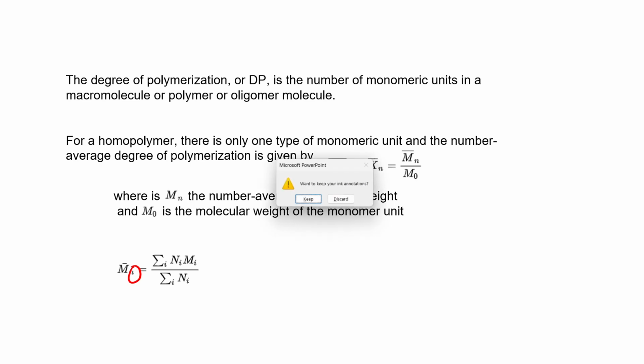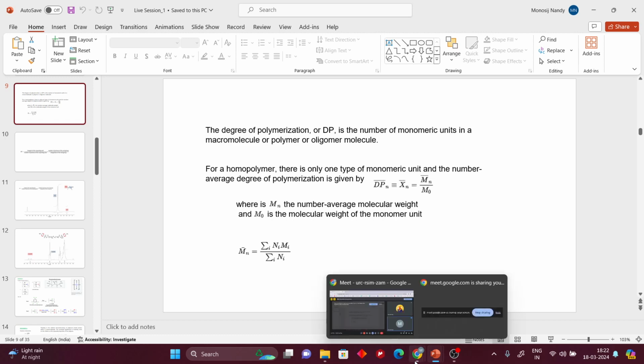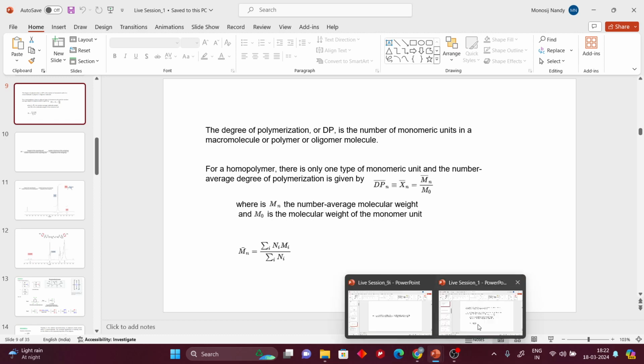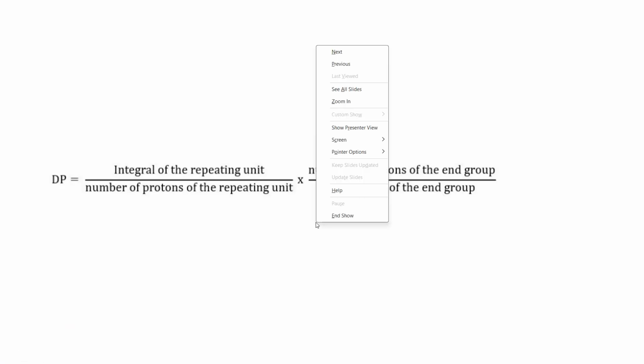In that way, with the help of NMR the degree of polymerization can be measured, and this technique is used for this kind of measurement.